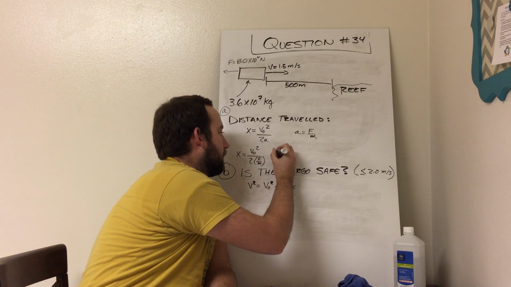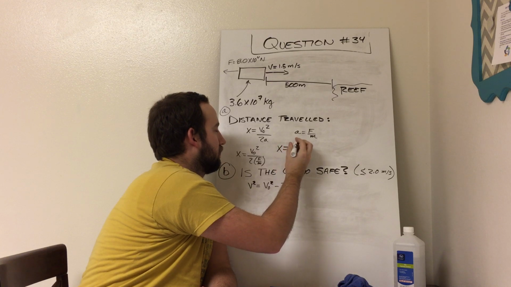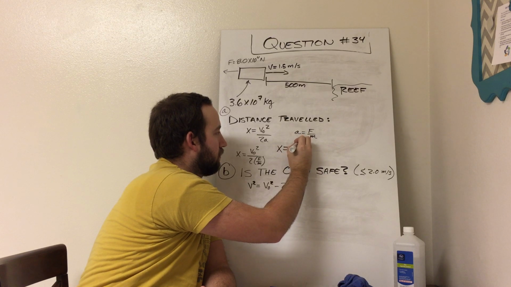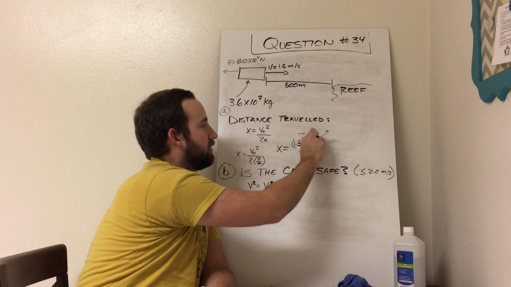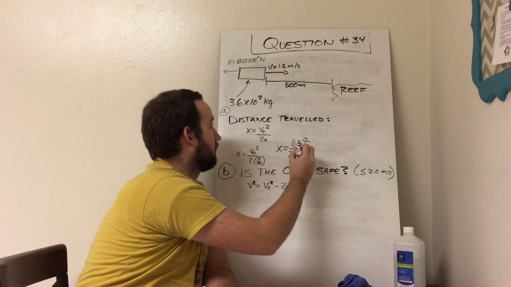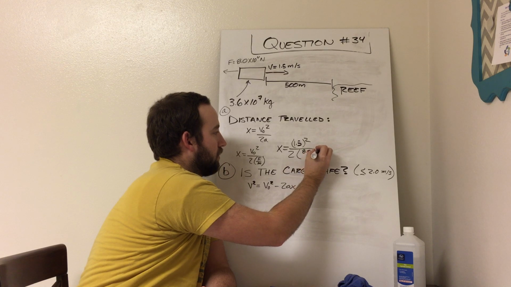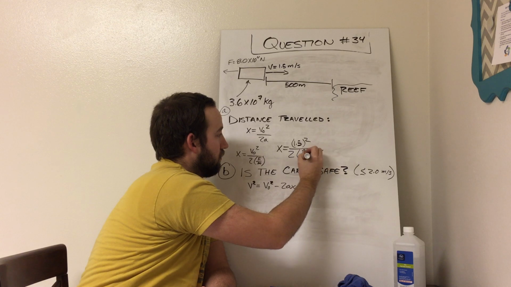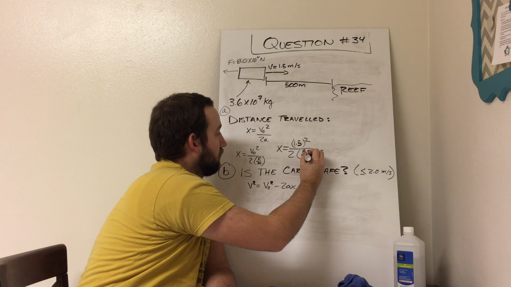So x equals the velocity, 1.5 meters per second, squared, over 2 times 8.0 times 10 to the 4th over the mass.